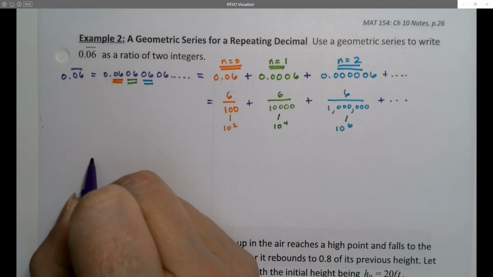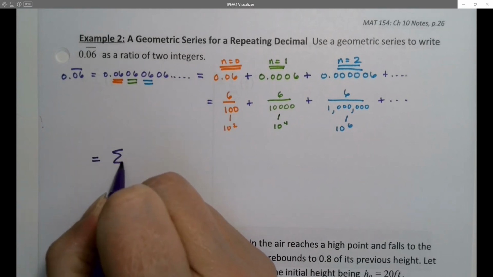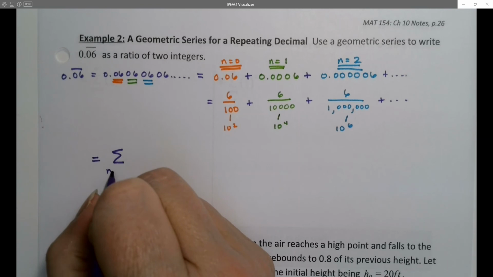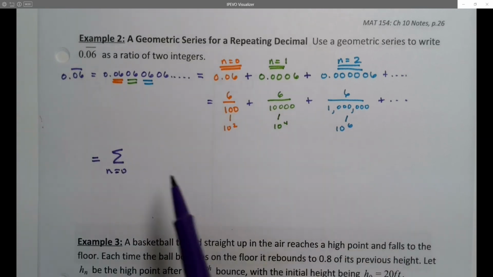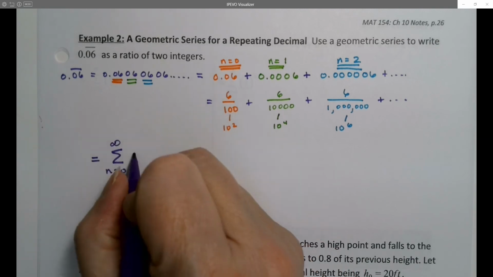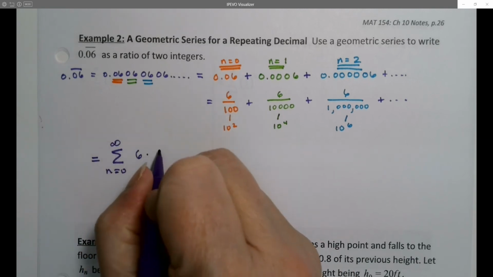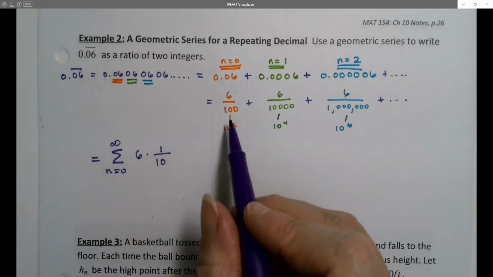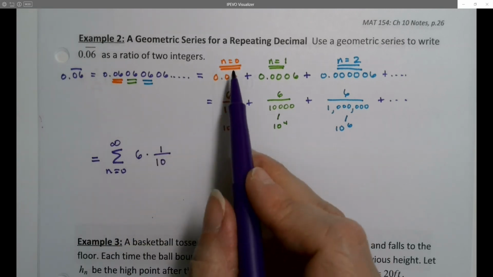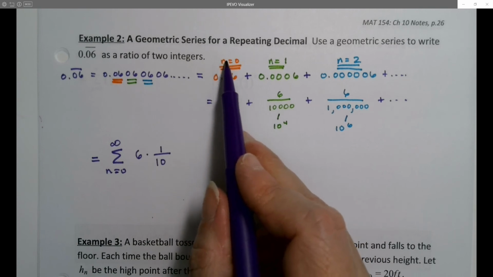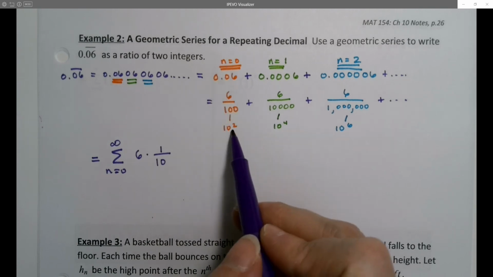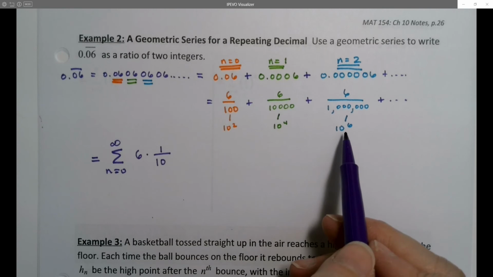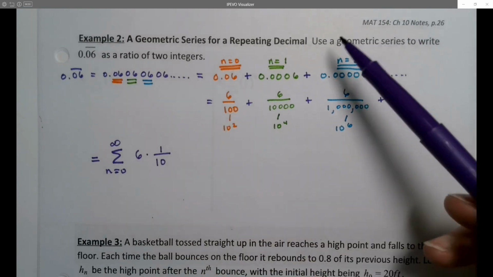So we could say that this is equal to the sum from n equals 0, or if you like k or n, those are the two common index letters, to infinity, and it's 6 times 1 over 10 to the, and then we need to come up with a pattern for this. It's something that involves n, something that'll go from 0 to 2, from 1 to 4, and from 2 to 6.